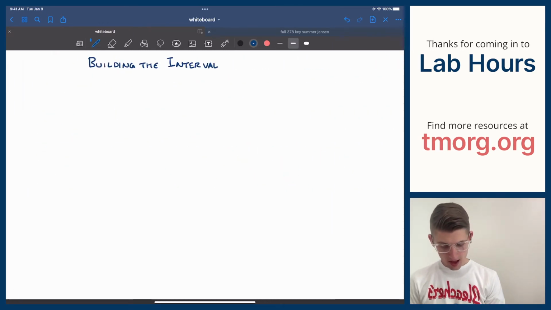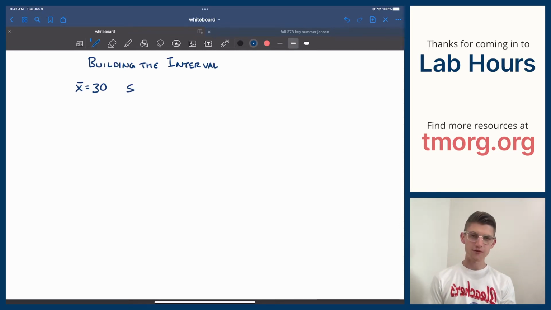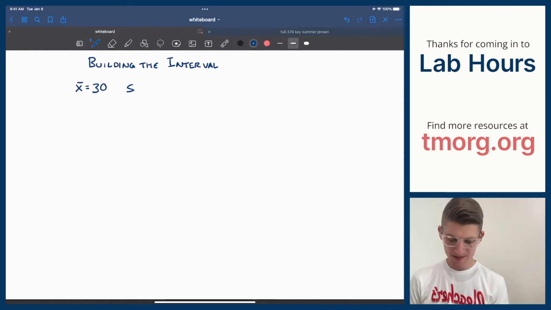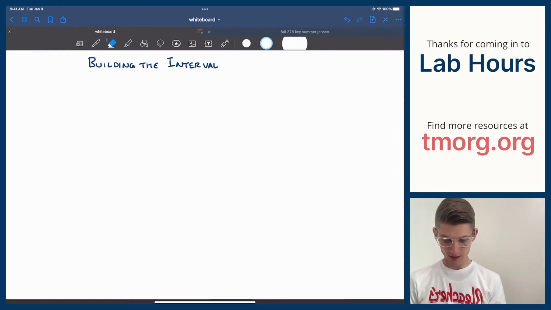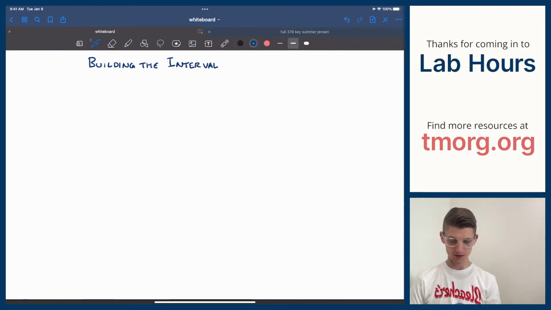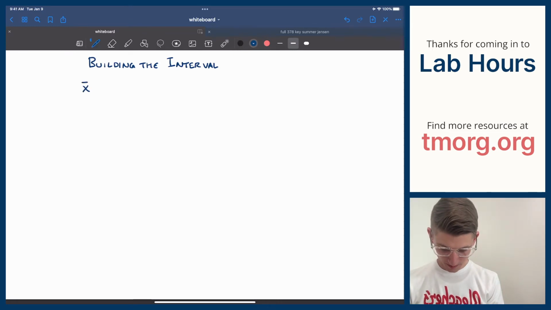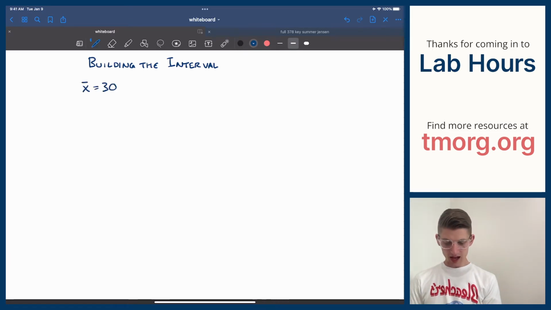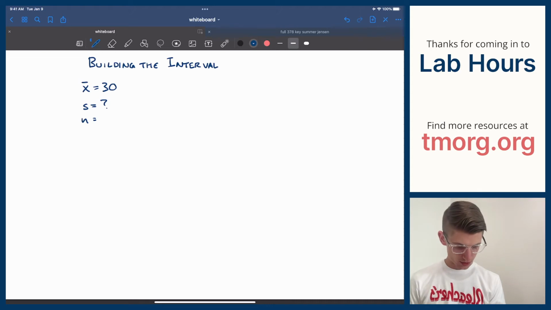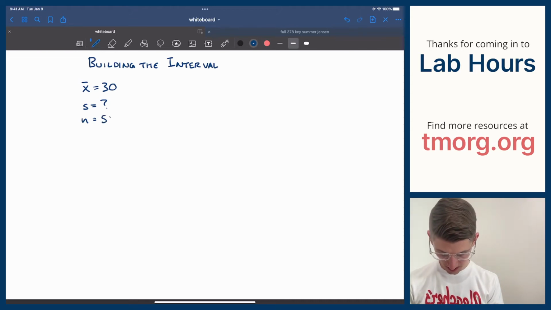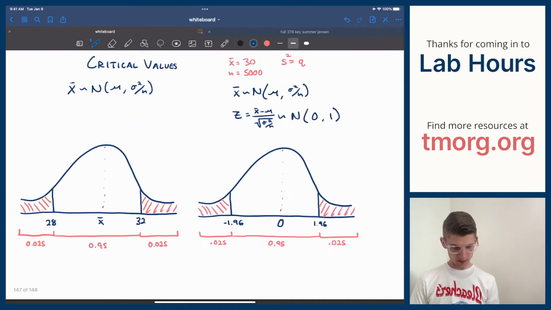So if I have the following, my x bar was 30. The trouble is I should have solved for s so that this number works out really nicely. Let's say, for example, x bar was equal to 30. We don't know what their sample standard deviation was, but we know that they had 5,000 observations in their sample.